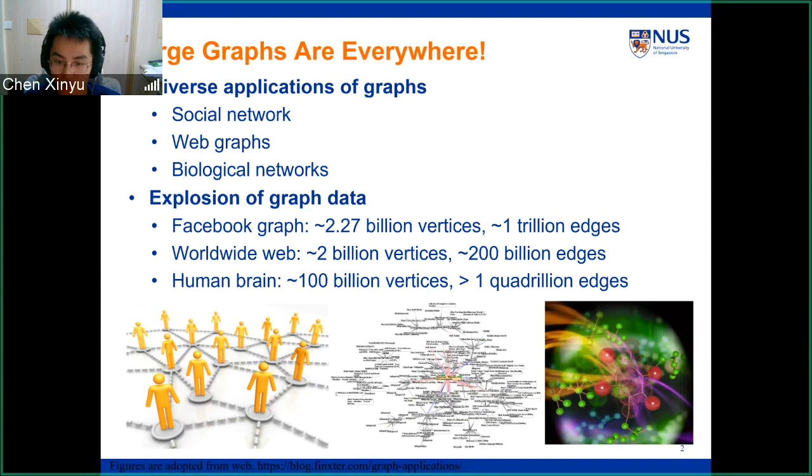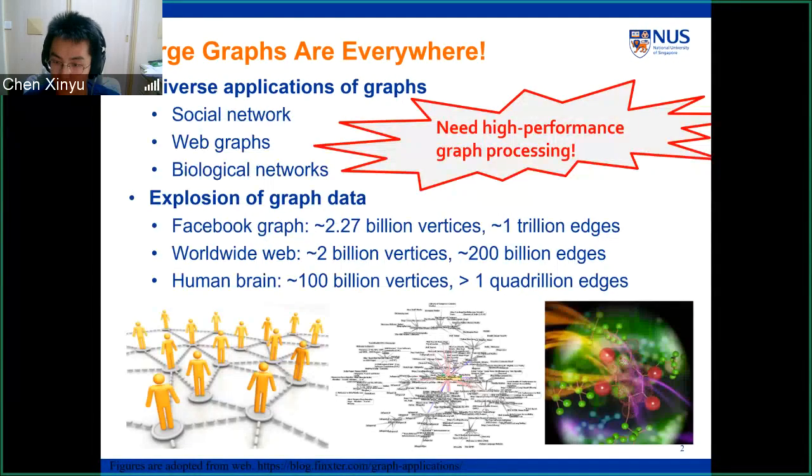So with such large-scale data, we still want to make graph analytics practical and usable. So we need very high-performance graph processing to process them as fast as possible, and we also want the processing to be as energy efficient as possible.